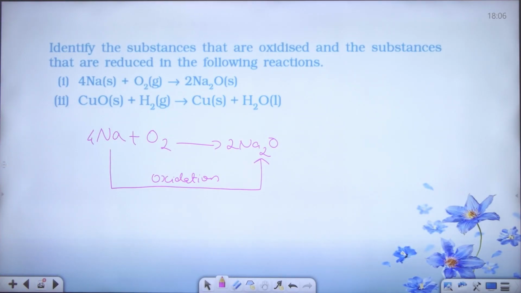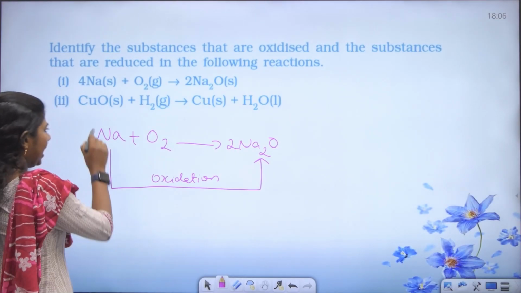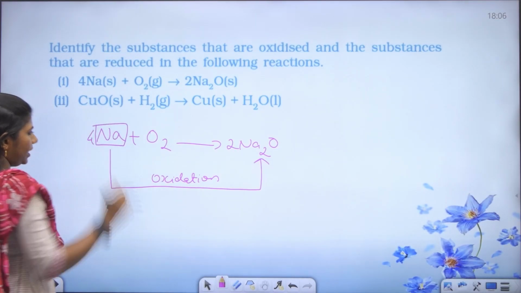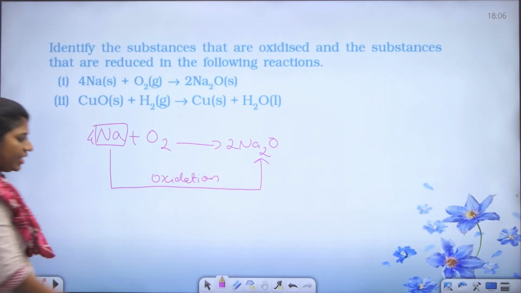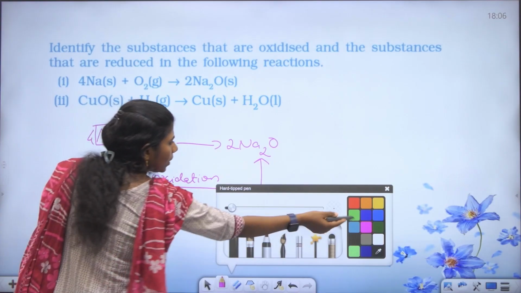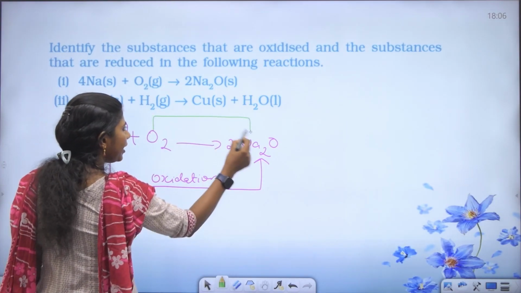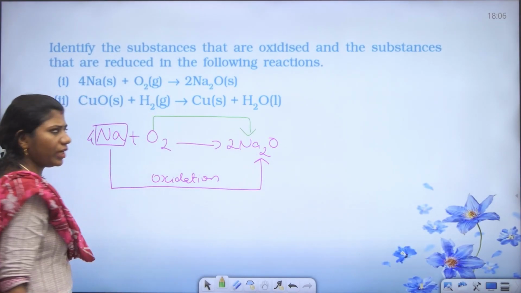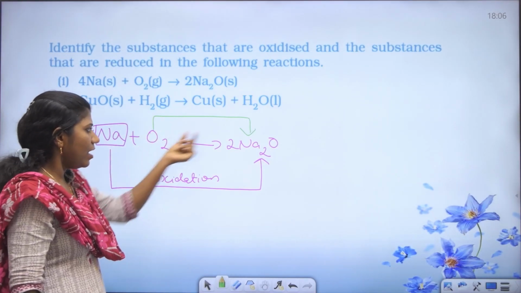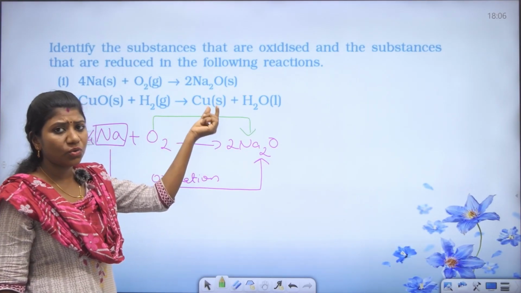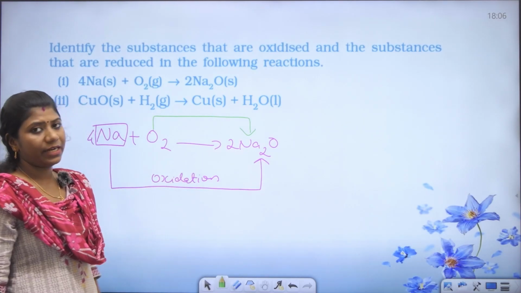Identify the substances that are oxidized. Which one is oxidized? Sodium is oxidized. Then O2 changed to Na2O. In O2 two oxygen atoms are present, but in the product Na2O only one oxygen atom is present.